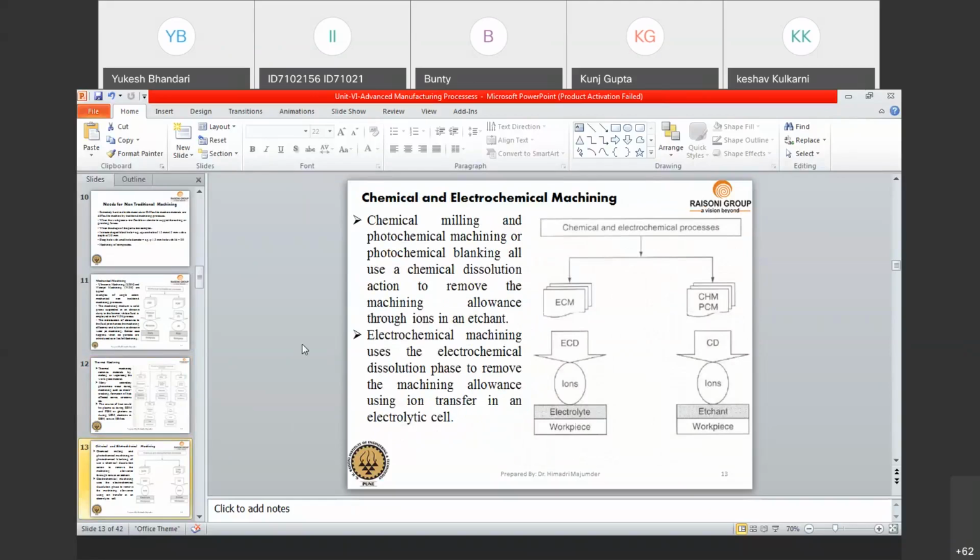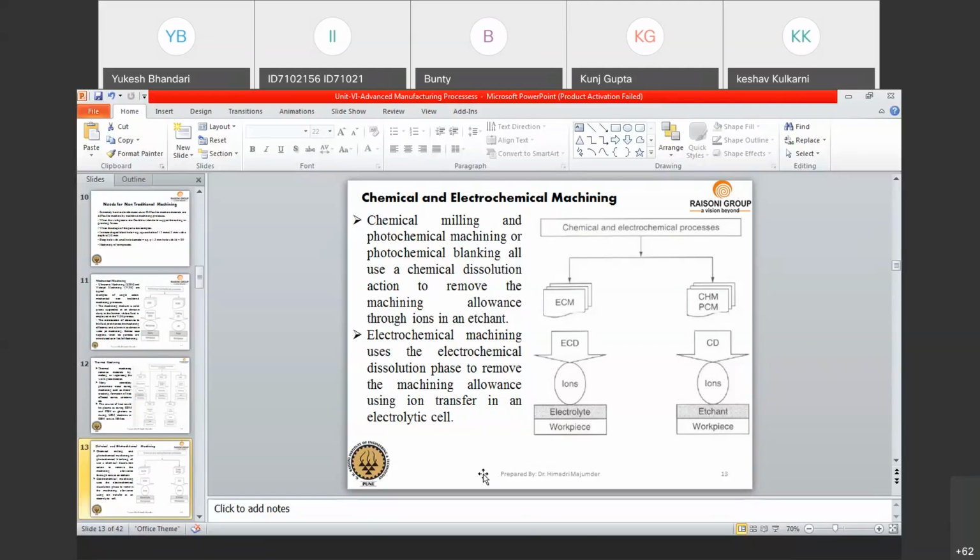Now, chemical and electrochemical machining. Chemical milling and photochemical machining or photochemical blanking all use a chemical dissolution action to remove the machining elements through ions in an adjuvant. So in chemical milling, chemical machining or photochemical machining, chemical dissolution is used.